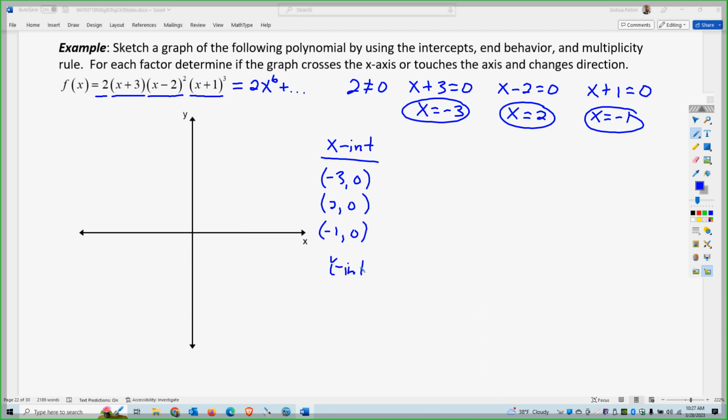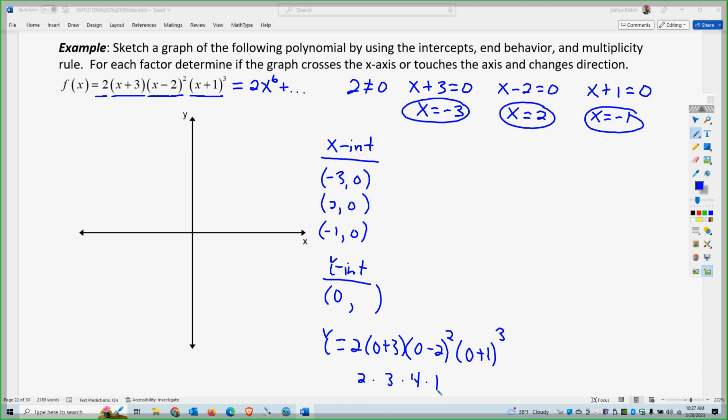So the y-intercept is (0, something), right? The x is 0. So y equals 2 times (0 plus 3) times (0 minus 2) squared times (0 plus 1) to the third. So that gives me 2 times 3 times 4 times 1.